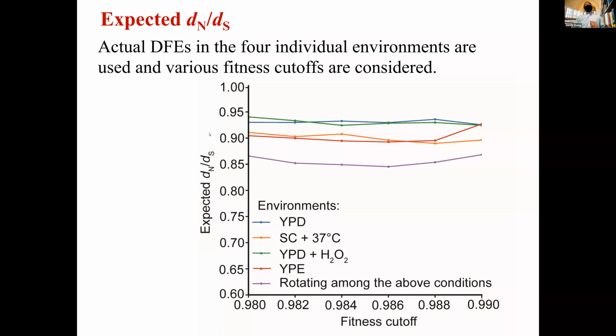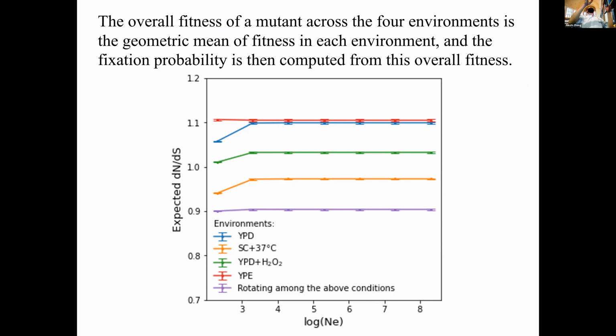Okay. We also did a more rigorous way of this analysis. Now, if you consider a population going through multiple different environments, the overall fitness is a geometric mean of the individual fitness. So if you consider that and you calculate fixation probability using Kimura's formula, you can also calculate the DN/DS ratio.